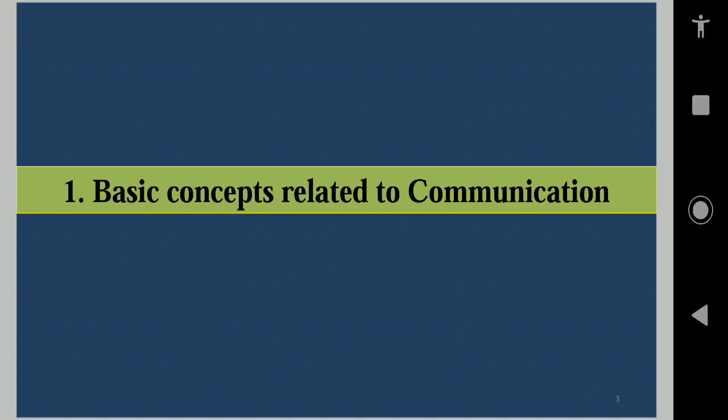Communication has at least three phases. It consists of three phases. What are those? The first is expression, then interpretation and response. These three constitute the three phases of communication. If there is any hindrance in these three phases, then there will be no successful communication.